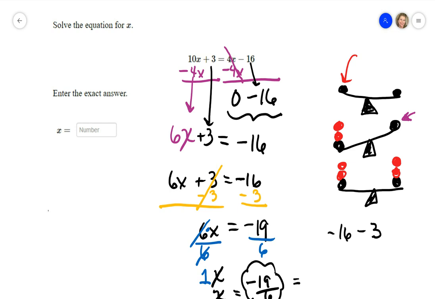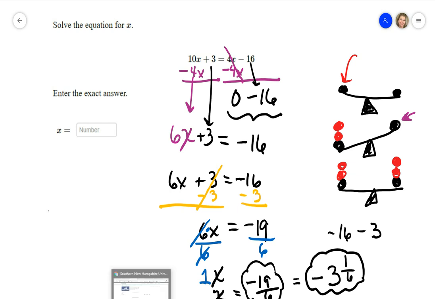You could change it to a mixed number because 6 goes into 19 3 whole times. 6 times 3 is 18, and then there's 1 left over because 19 minus 18 is 1. So you probably could type it in that way as well. But it's been my experience that most algebra books leave answers as improper fractions.